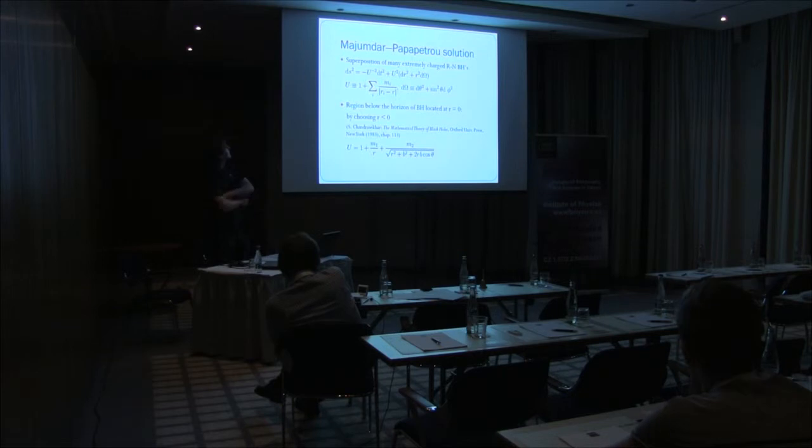So let's start with the Majumdar-Papapetrou solutions. The metric in general is here. It's really simple. We have only one metric function U for many extremely charged black holes, which are at positions Ri, as we can see in this expression of U, and U is quite similar to the classical potential of spherical sources.